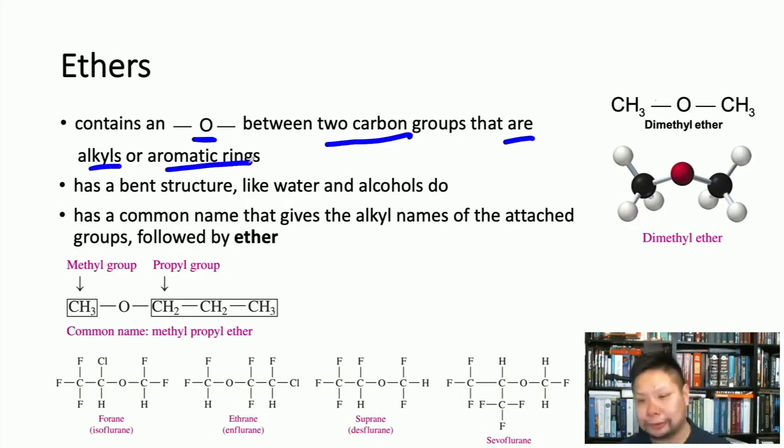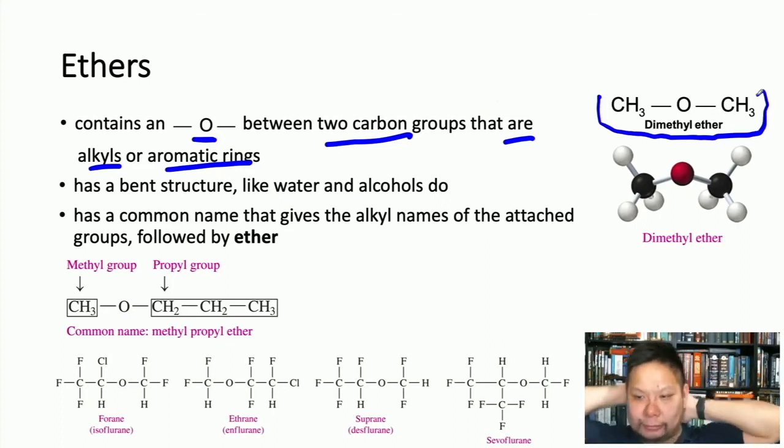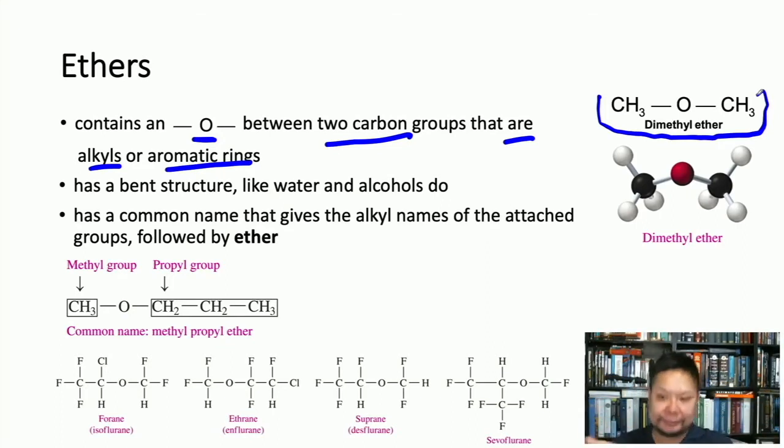Alkyl like a hydrocarbon, methyl, ethyl, whatever, right? Or aromatic rings like phenols, or benzene rings, right? So here, we saw this earlier where it only called it ether, but its real name is actually dimethyl ether. But when you work in the lab and you say you want ether, that's usually what people will bring you, because it's kind of like the common name for it, right?